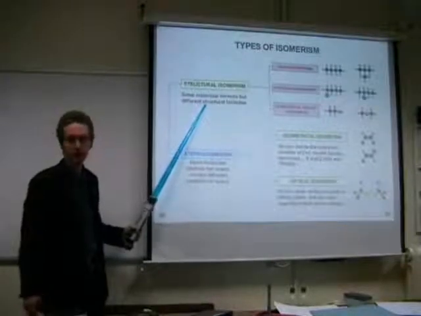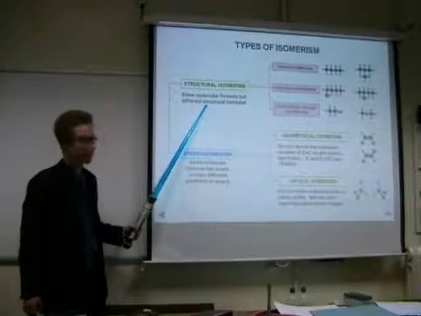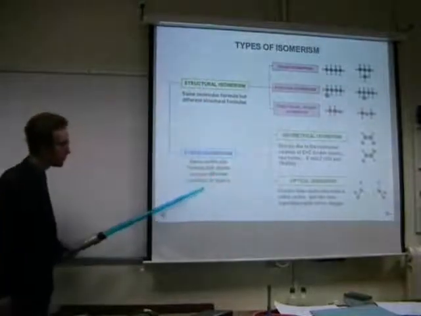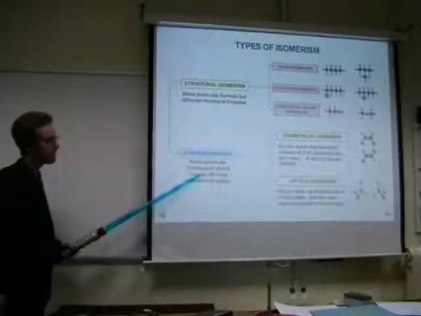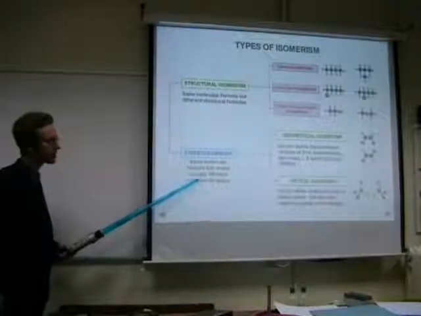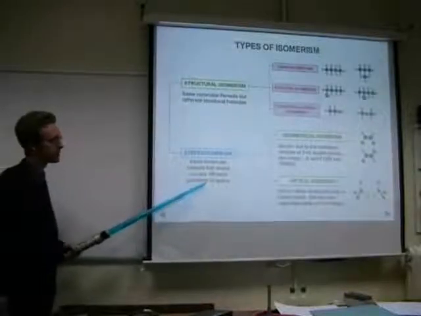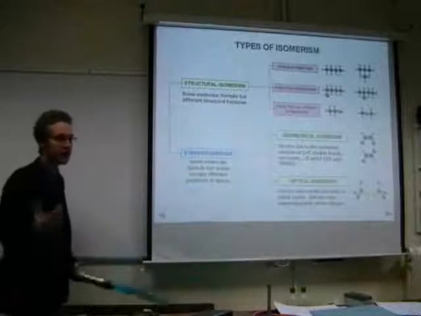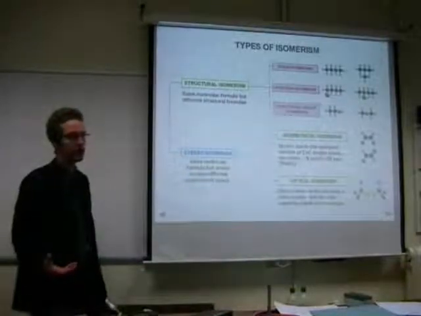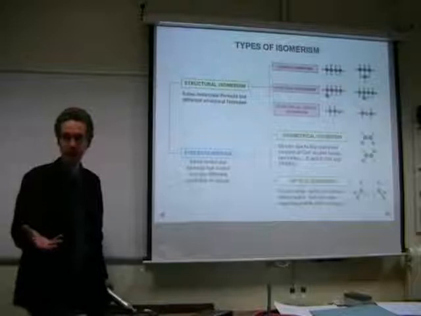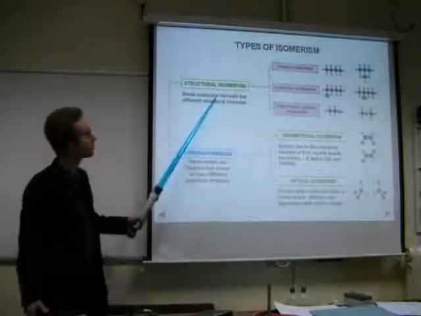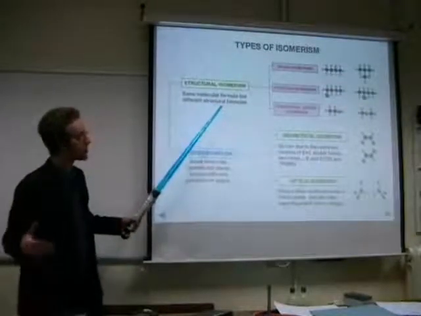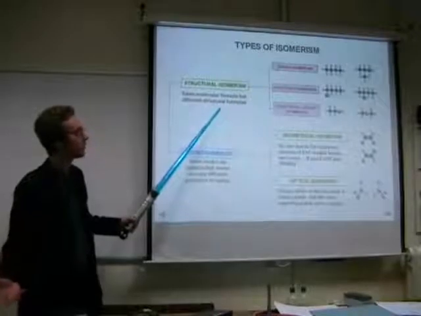So, same atoms, different arrangements. Whereas this one, okay, same molecular formula, but atoms occupy different positions in space. With stereoisomerism, you've got the same functional groups, okay, but just a slightly different orientation in space. Whereas structural isomerism, you've got different structural formulae as well, and we're going to look at that in a minute.